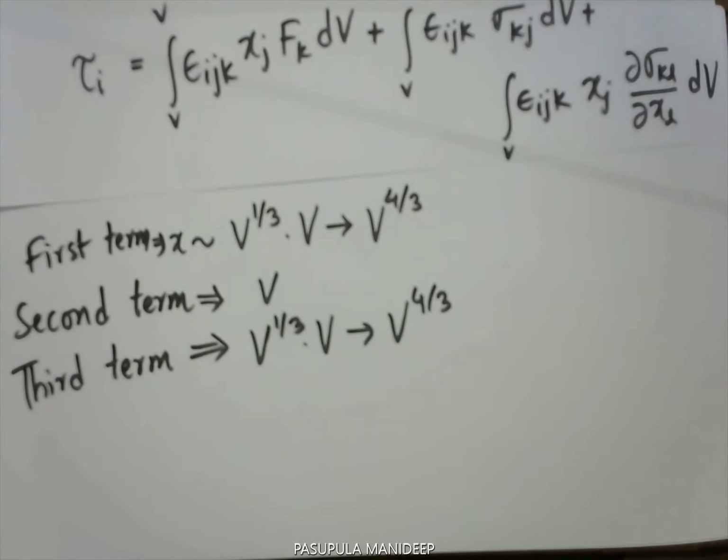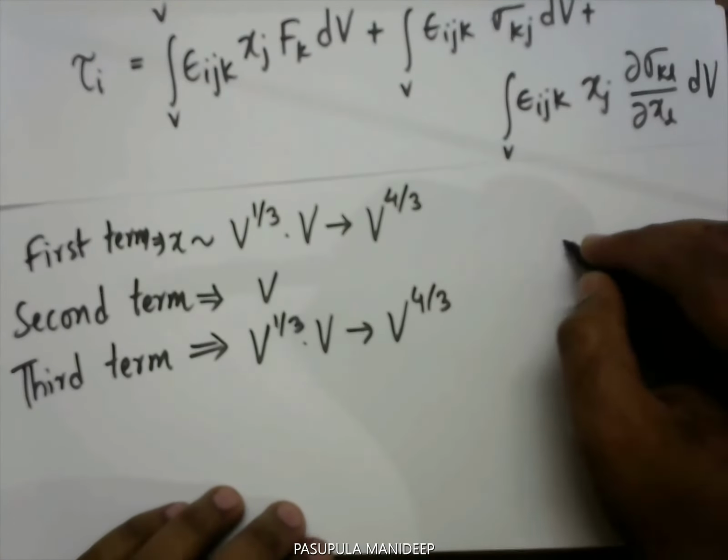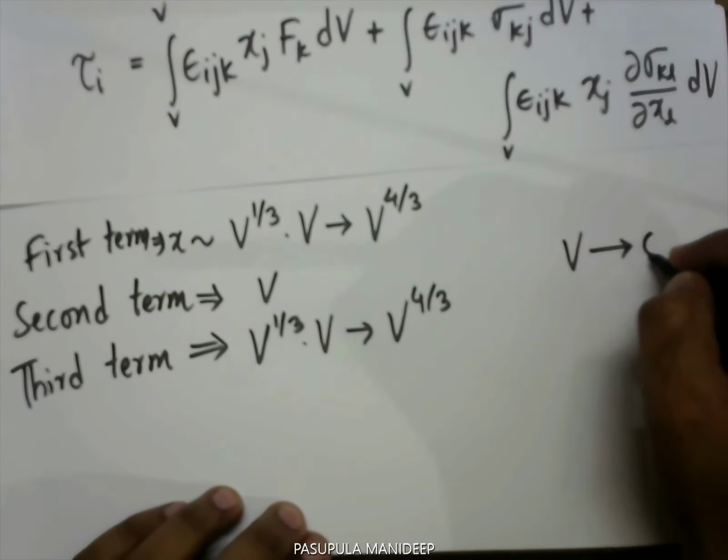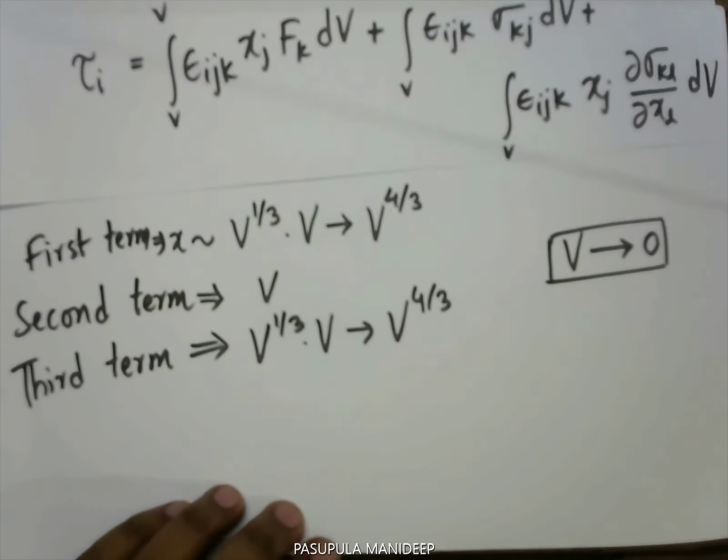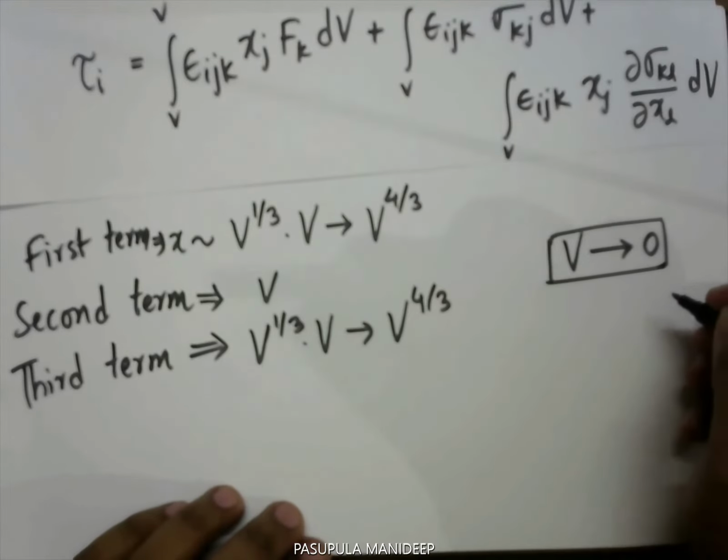Now we consider that V is tending to 0, close to 0.